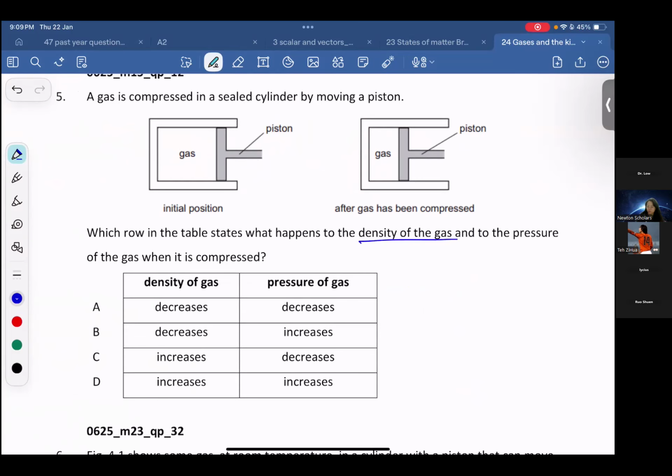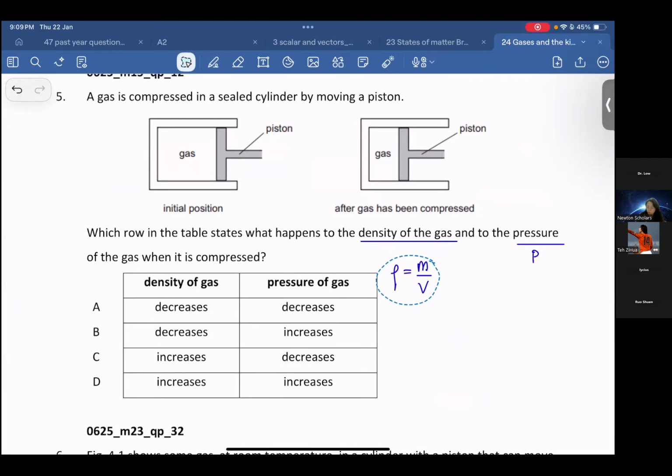What is the formula for density? Density is mass divided by volume. This is the first chapter we learned. Pressure depends on volume.